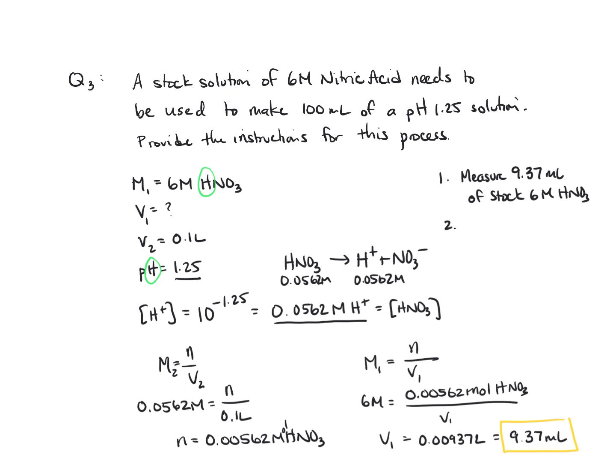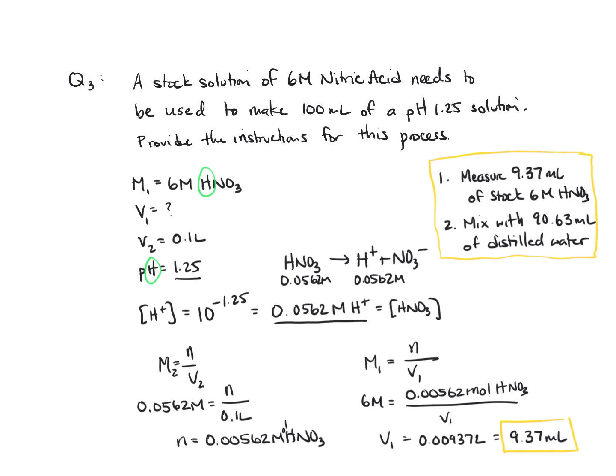And then we are going to mix with, now we could just say put it in a 100 milliliter volumetric flask, or we can go 100 minus 9.37 and say mix with 90.63 milliliters of distilled water. And those would be our instructions, and this would be our answer.